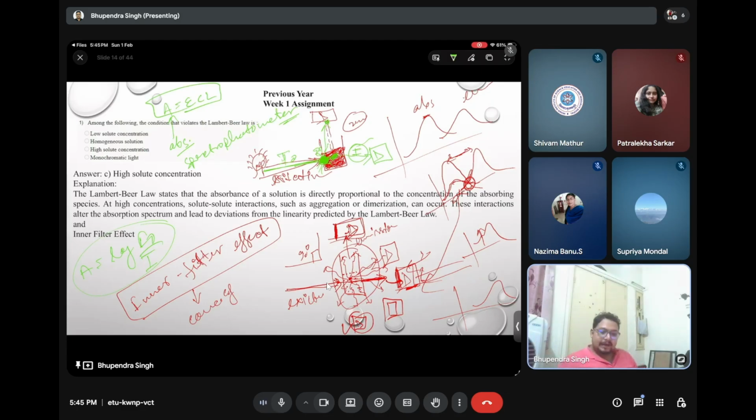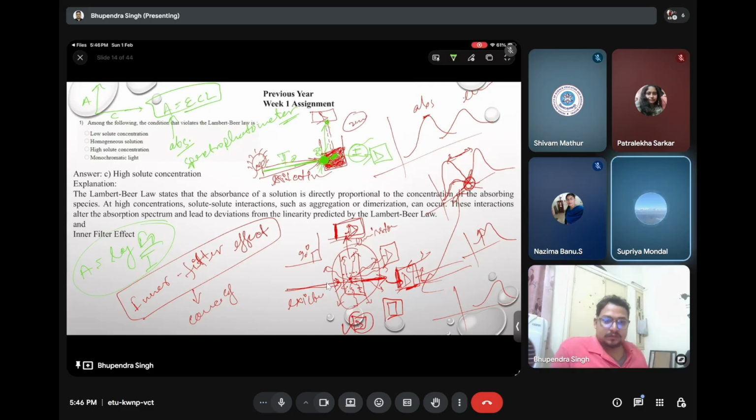Even though you will get some transmitted light, the absorption will be distorted. According to this formula, what will happen if you increase the concentration? Let's say this is absorption, this is concentration. Tell me how we have to plot the graph, how the graph should look.